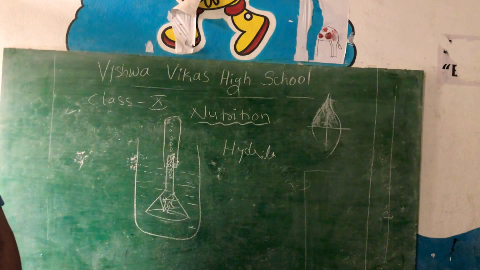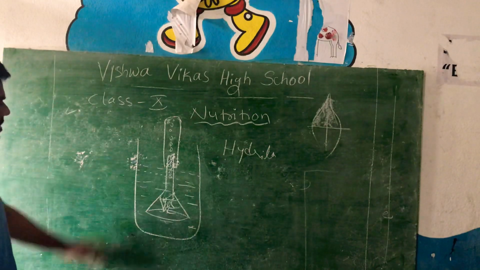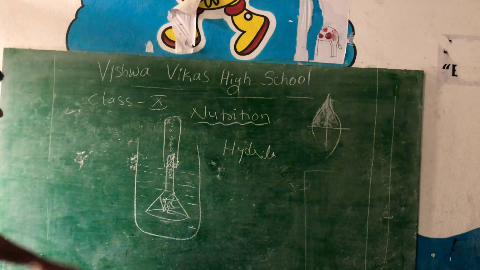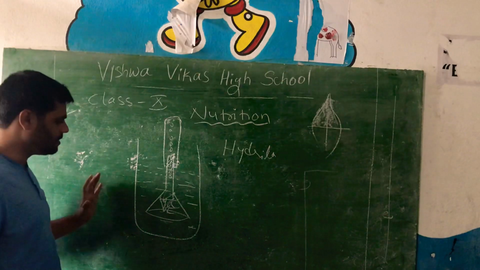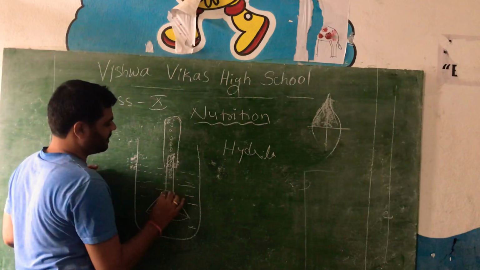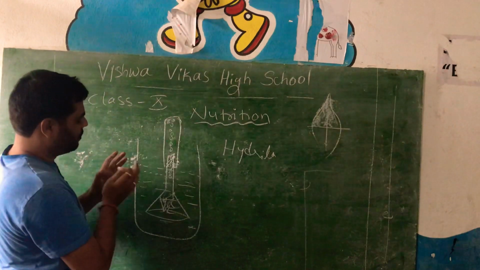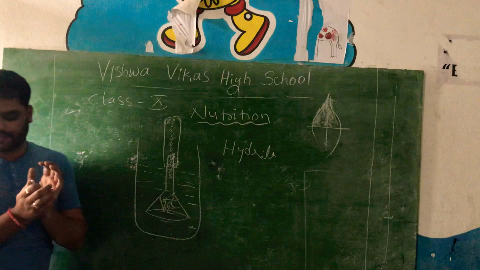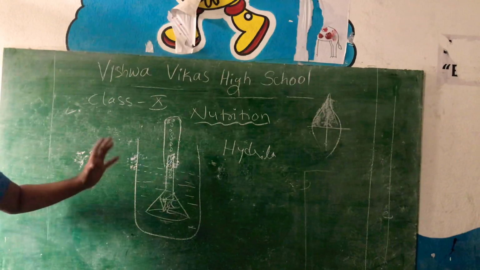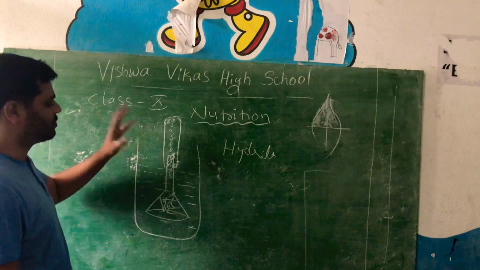If you keep these things for 2-3 hours, make 2 sets of this. After 2-3 hours, you can observe the water level decreasing, and this space will be filled totally with gas. By this way, they concluded that oxygen is produced during photosynthesis.